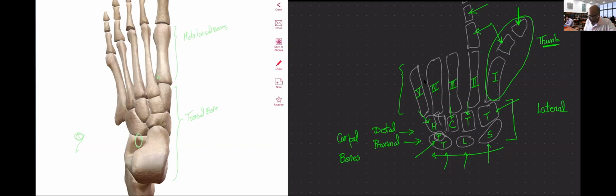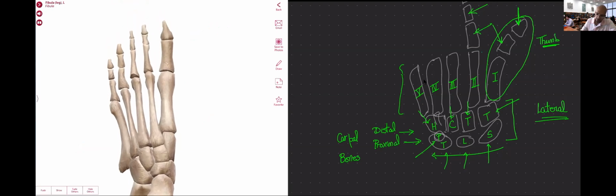Remember, we started from lateral. So here we're gonna start from medial. And how would I recognize that this is the medial side of the foot? The big toe is going to have only a proximal phalanx and a distal phalanx.